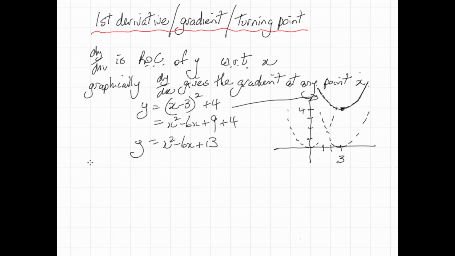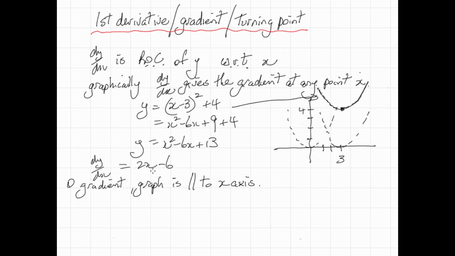Okay, dy dx for that function is 2x minus 6, and the derivative of 13 is 0. So what I'm saying is that a 0 gradient means the graph is parallel to the x-axis.